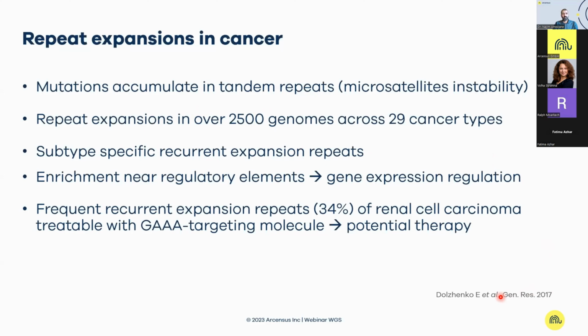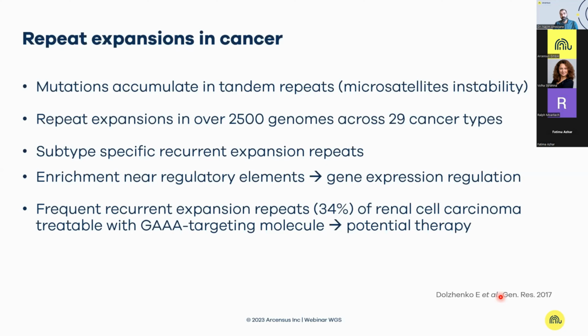And enrichments, this type of expansion was identified in regulatory elements, which suggests that they are involved in repressing expression. Interestingly, one of the most frequent recurrent expansion repeats, which was identified in 34% of renal carcinoma, was actually treatable by a molecule that was targeting this specific repeat.